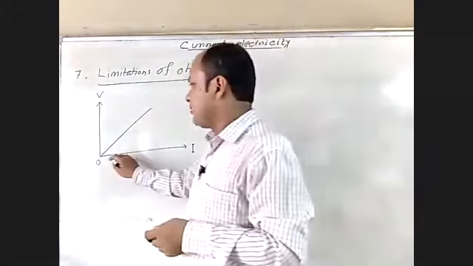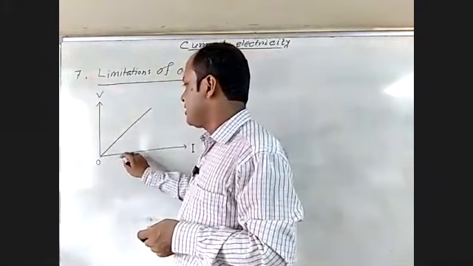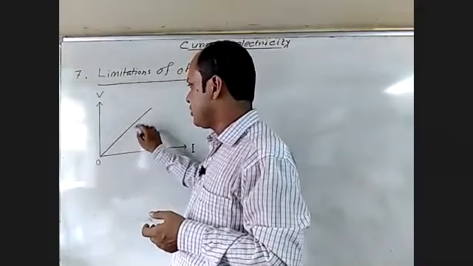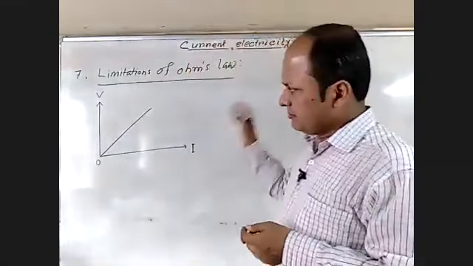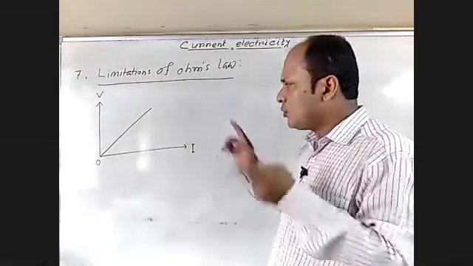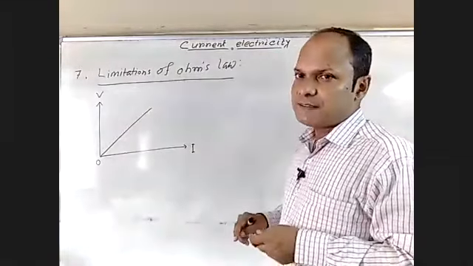If the current is this, the voltage difference is this. If we change the voltage difference, the current will also increase. The straight line indicates that voltage and current are directly proportional to each other.